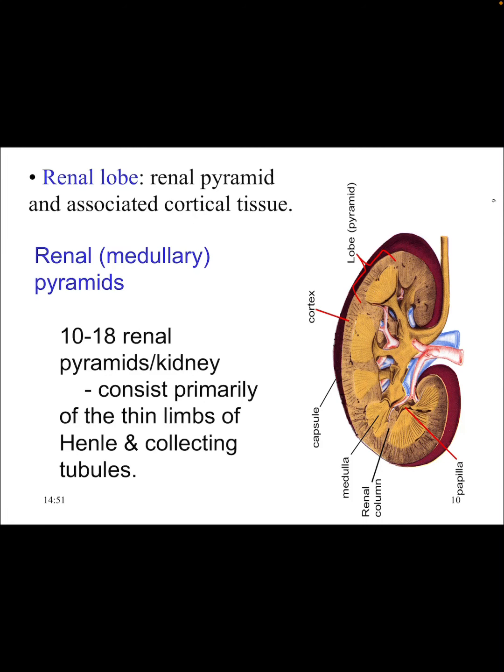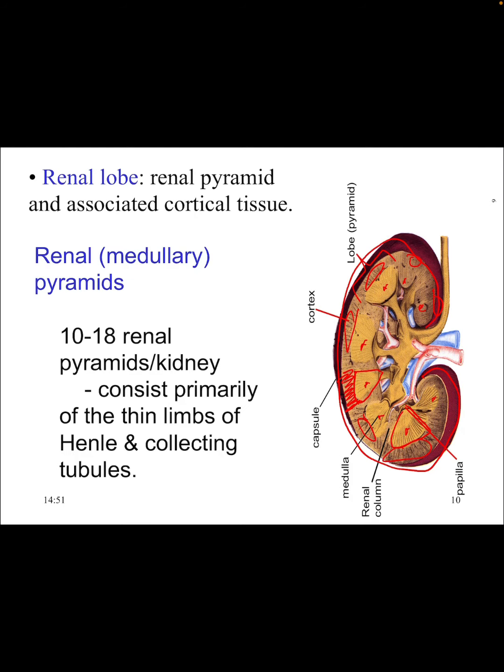As I said before, the kidney has the typical bean shape. Inside the medulla, we have these medullary pyramids with the associated cortical tissue. We call them the renal lobe. Usually, we can see here this kidney consists of several medullary pyramids with adjacent areas from the cortex.